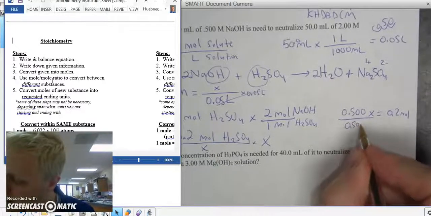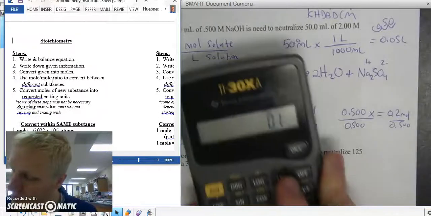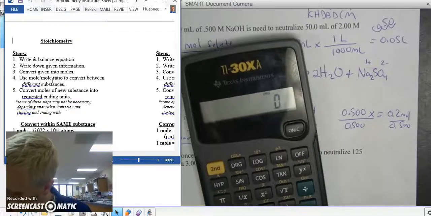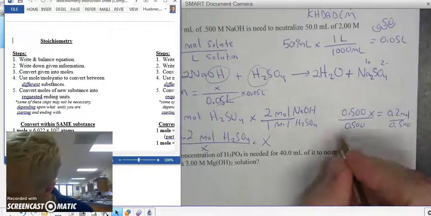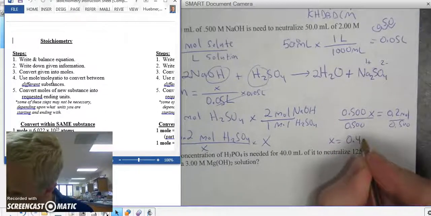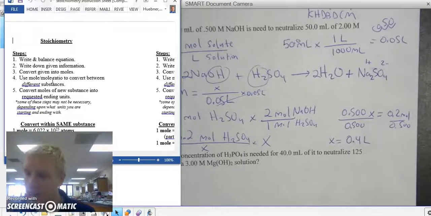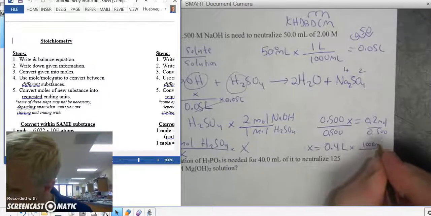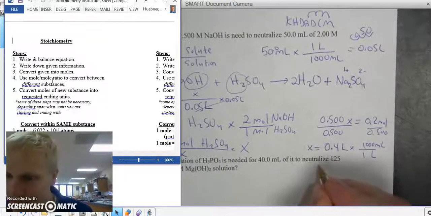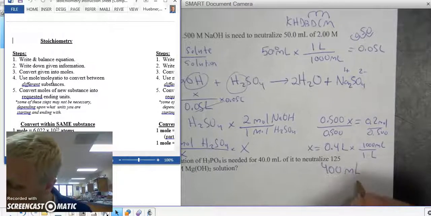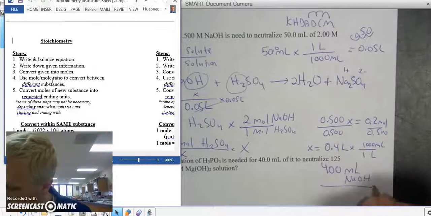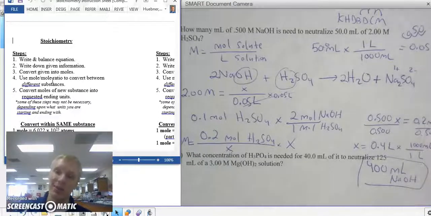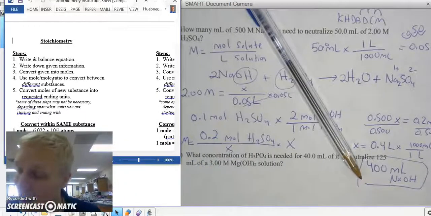Divide by 0.500. 0.2 divided by 0.5 looks like that's 0.4 liters, but the question is saying how many milliliters. So now I'm going to multiply this by 1,000 mils per 1 liter. And it looks like that's going to give me 400 milliliters of NaOH solution. And that is my final answer. And that's how I use stoichiometry to solve a problem that involves solutions.